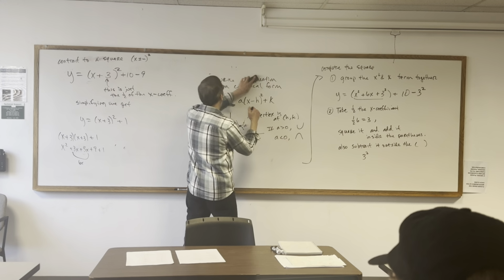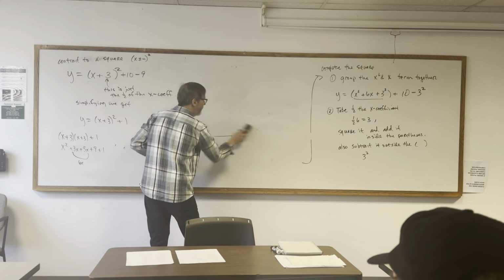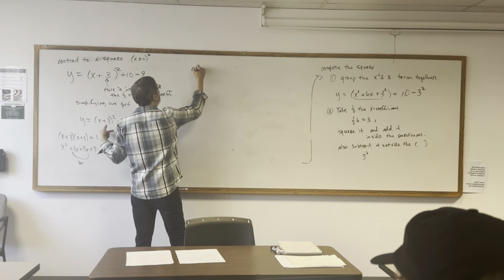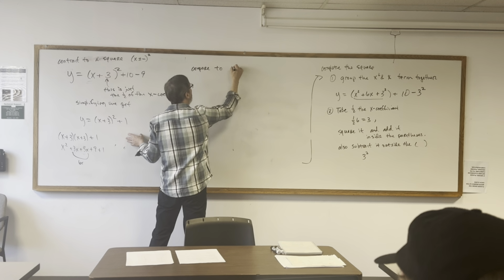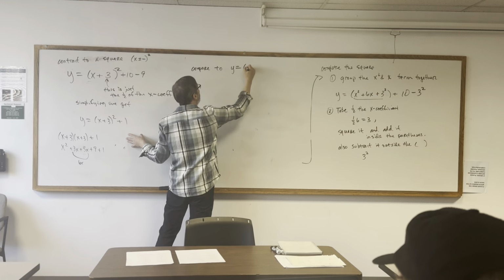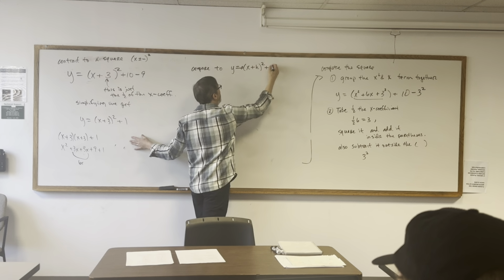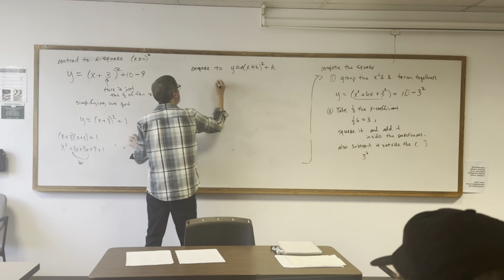Okay, so let's see. I'll just erase this. Good stuff. So compare this to now. You'll do this automatically in the future, but compare this to a plus h squared plus k.